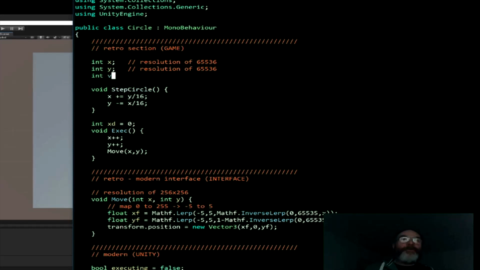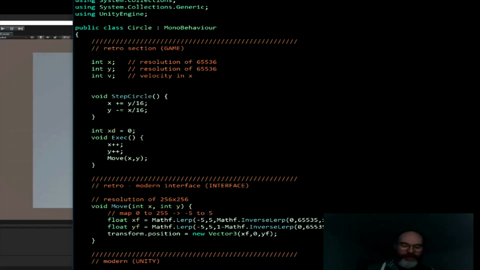So I think what I quite like to do is actually create a velocity now. So I tell you what, let's call this V and W. So V is velocity in X, and int W is velocity in Y. And now I need initialization.